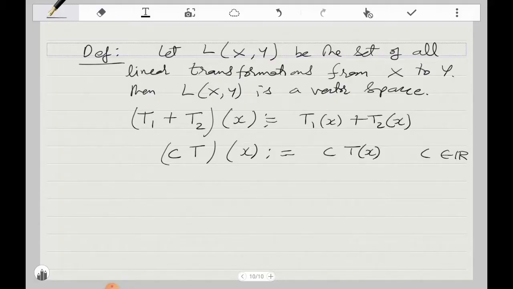So these are obvious ways of defining the vector space operations on Lxy. And with these two operations, it's easy to check that Lxy itself becomes a vector space.